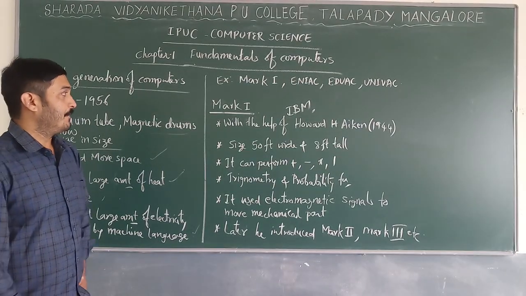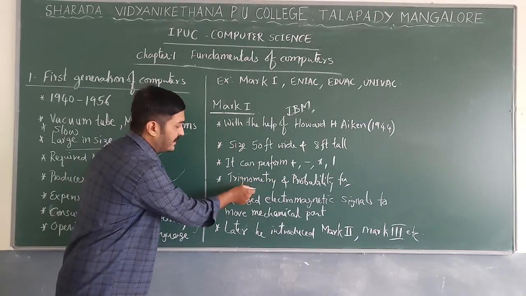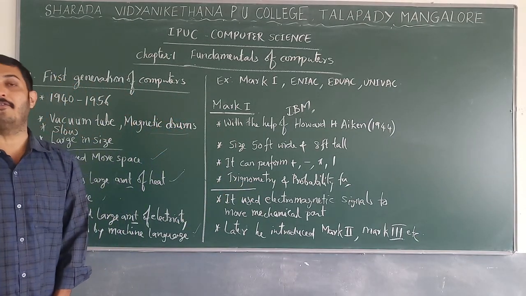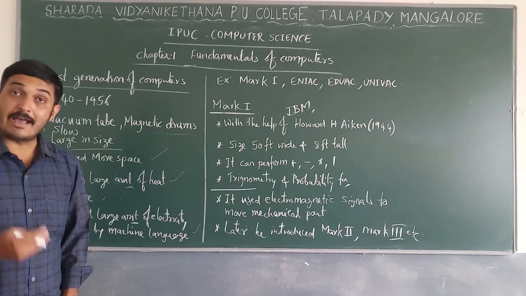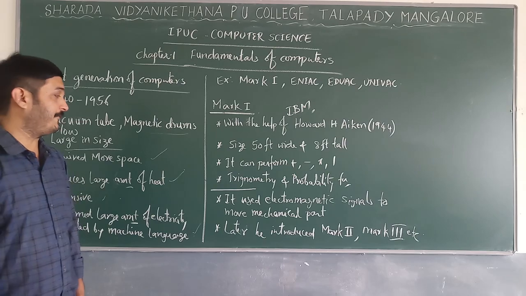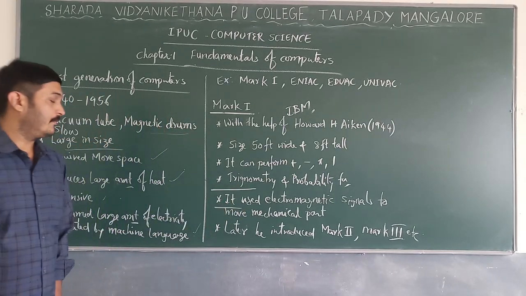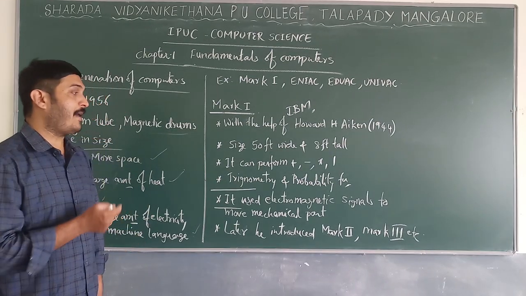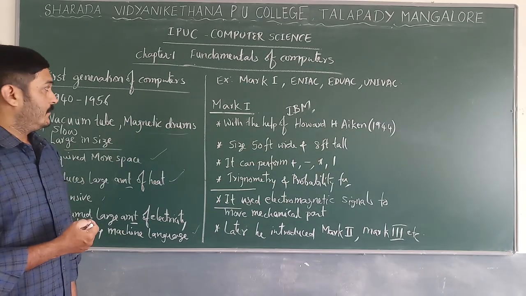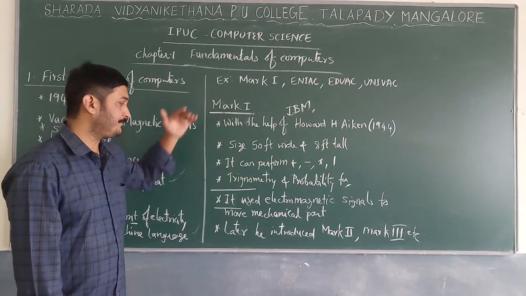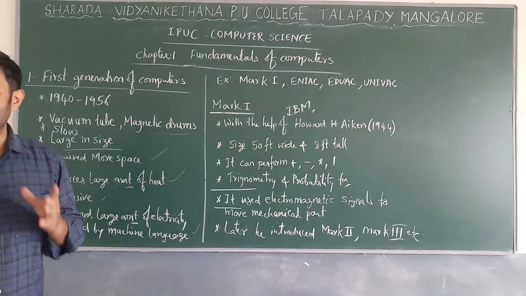Using Mark 1, it can also evaluate trigonometry functions and probability functions. And it used electromagnetic signals to move mechanical parts. So Mark 1 is not a purely electronic machine.